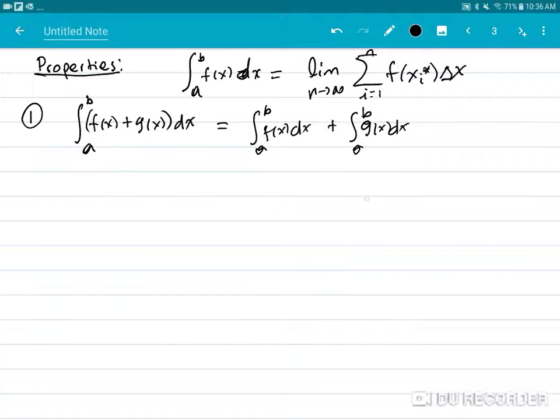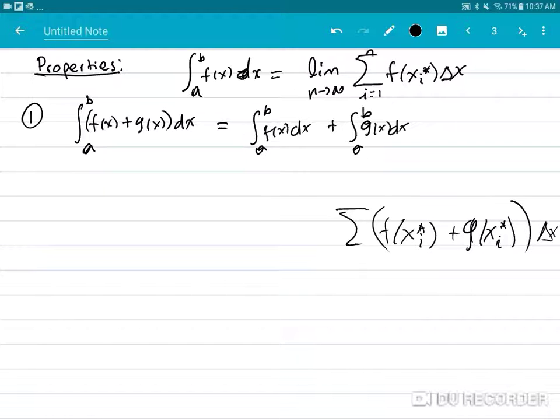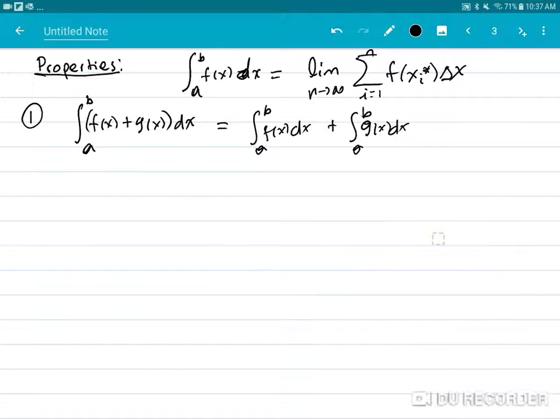That's because the summation sign goes through the sum of two functions. The summation sign can go through the two. And then the limit also, the limit of the sum is the sum of the limits. That's part of the properties of the limits. So you can easily prove this property.